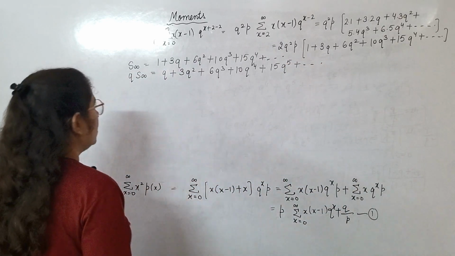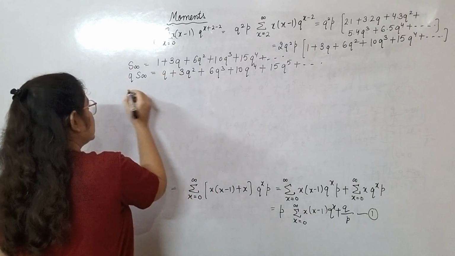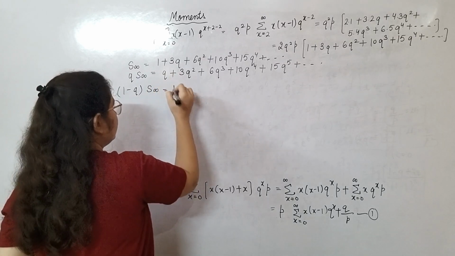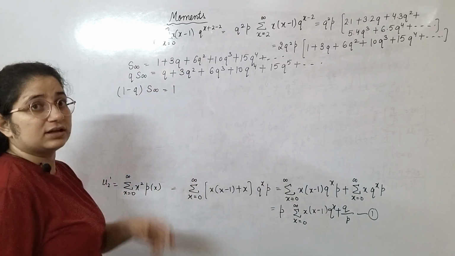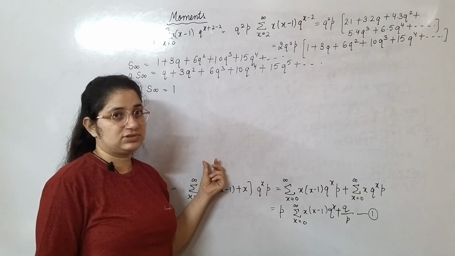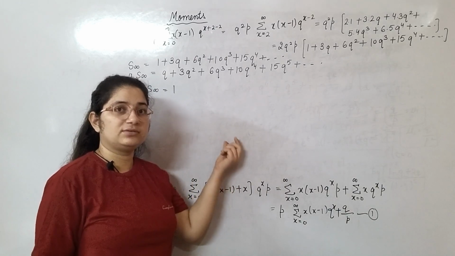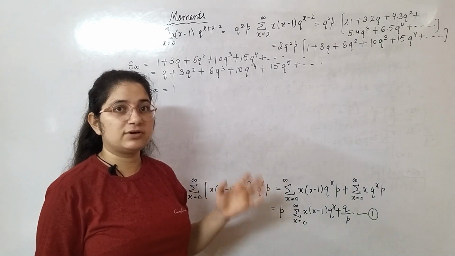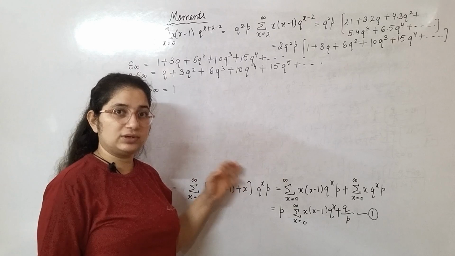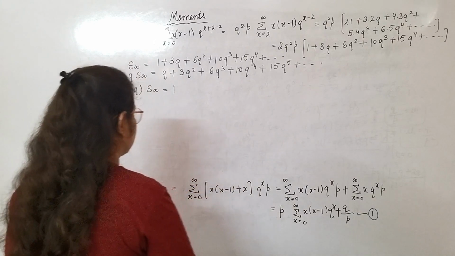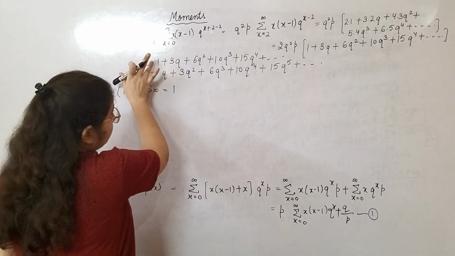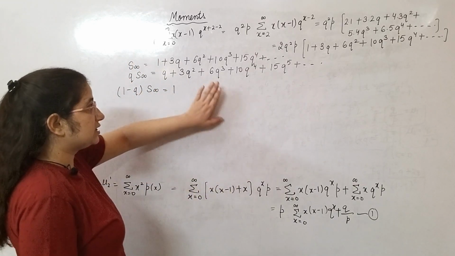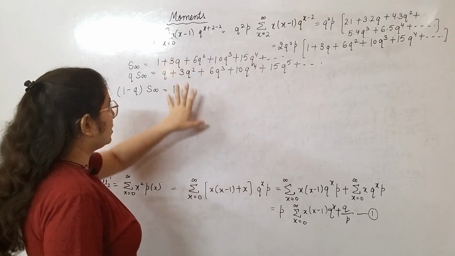Okay, so from here now subtract, 1 minus q into s infinity. When you subtract, 1 comes as it is, because the power of the variable should be the same when you add or subtract terms. So here power of q is 0, no term in this series is having q power 0, so it will come as it is.